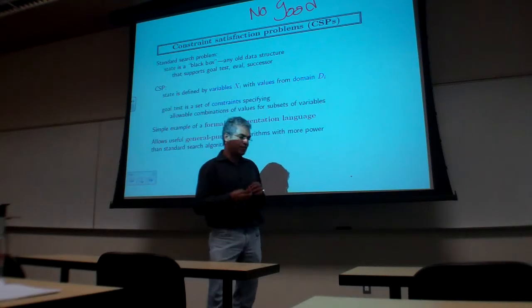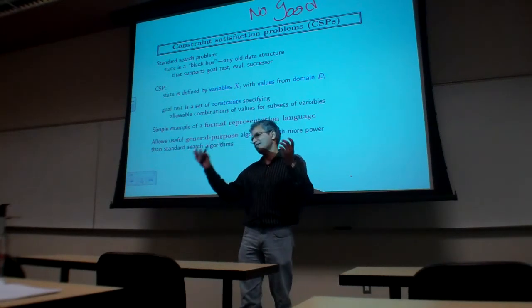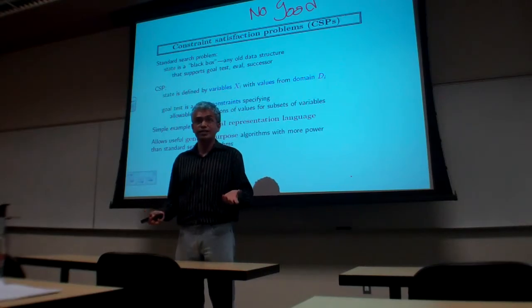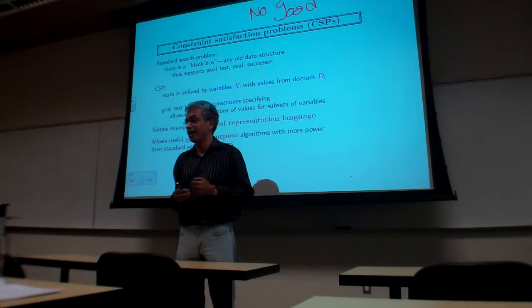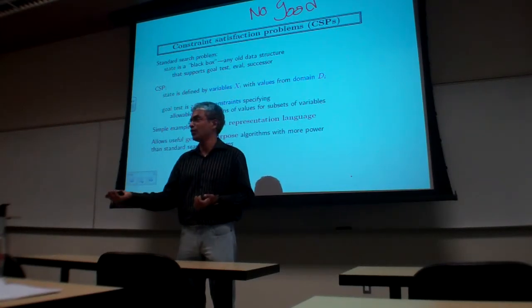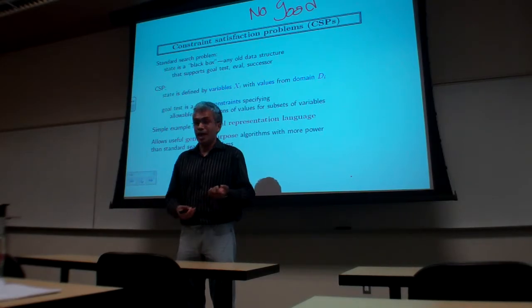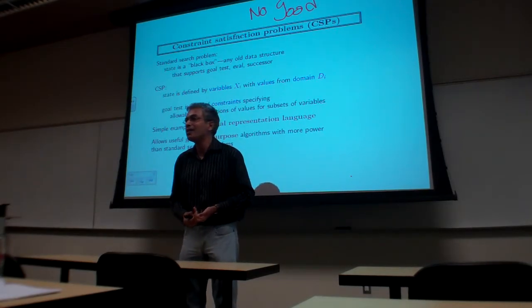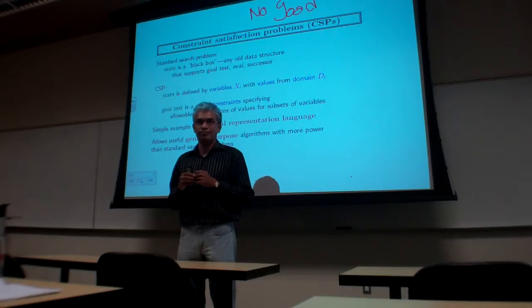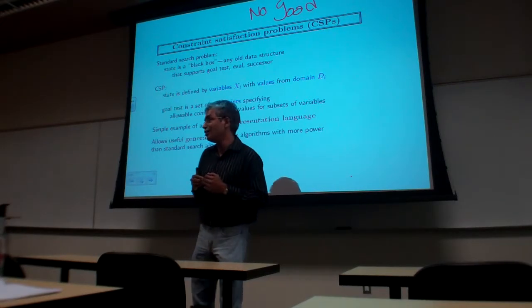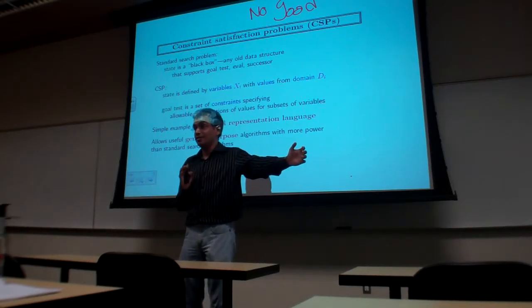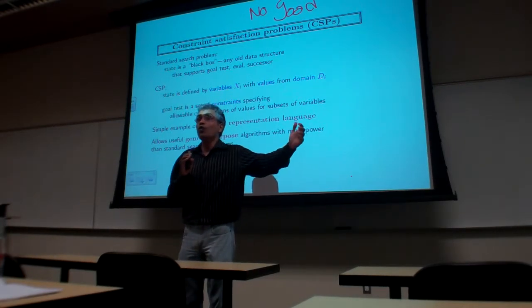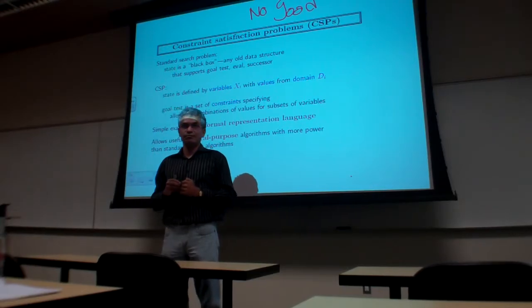What's interesting is this very simple problem has all sorts of uses, deep connections to lots of other things in the world, and all sorts of interesting extensions. I could say, find me the assignment that is the best in some sense. For example, here's a constraint, and if you violate it, you get this much penalty.